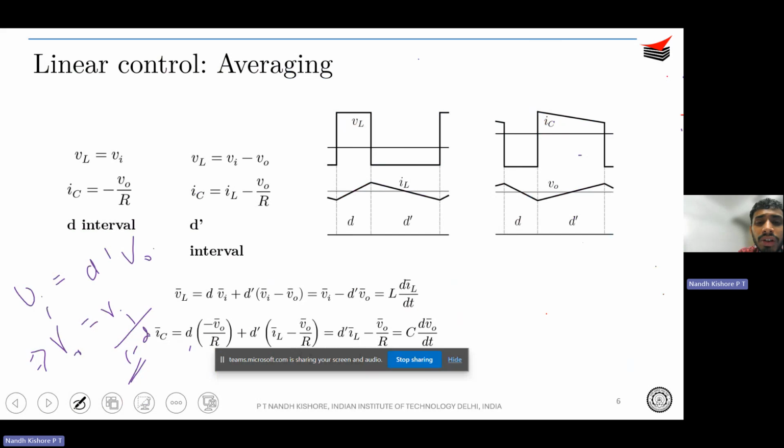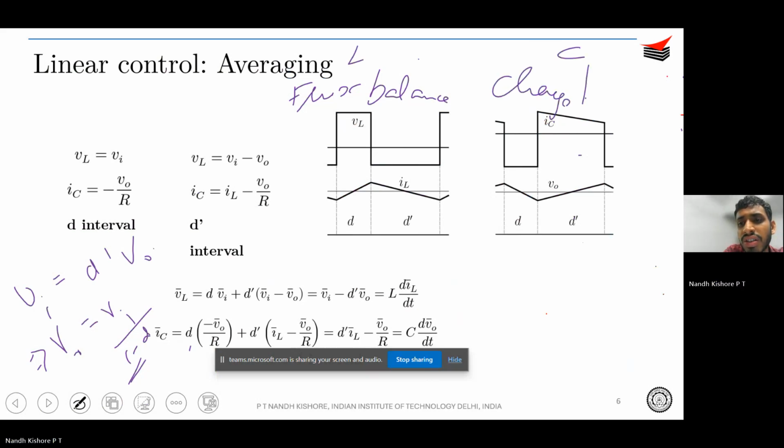Okay. So there is no net gain in the inductor voltage. This is called inductor flux balance, and capacitor charge balance. It means that there is no net gain in the inductor flux and no net gain in the capacitor charge.